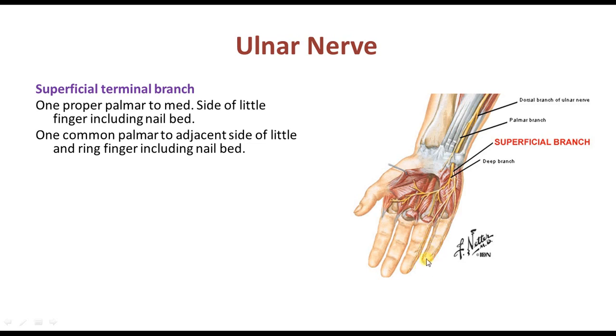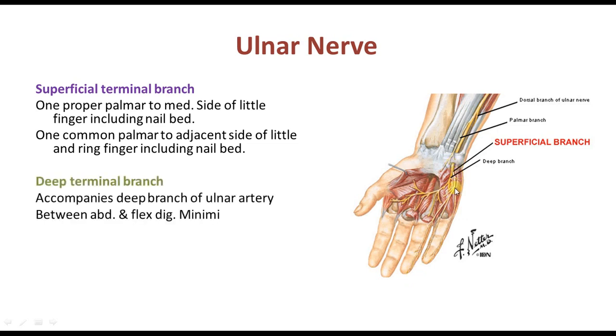So dorsally the nail bed region is also supplied by the superficial terminal branch which is given on the palmar aspect. So that is one of the terminal branches of the ulnar nerve. In addition to supplying the palmar aspect of the medial 1.5 digits, it also supplies the nail bed.